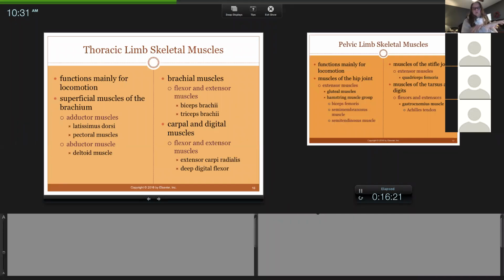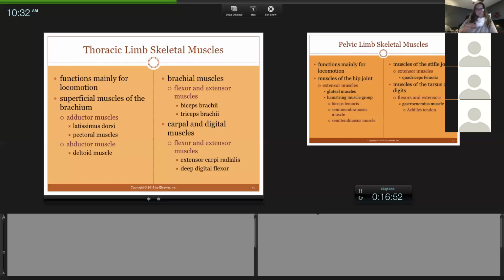Now, when you look at a picture of the forelimb muscles, there are a lot, okay? So I'm just explaining one. There's many different muscles that will extend the carpus and the digits, but this is a primary extensor carpi radialis, carpus radius. So this is not a forelimb or a hind limb muscle. This is a forelimb muscle because the radius and the carpus is on the forelimb, and their job is to extend.